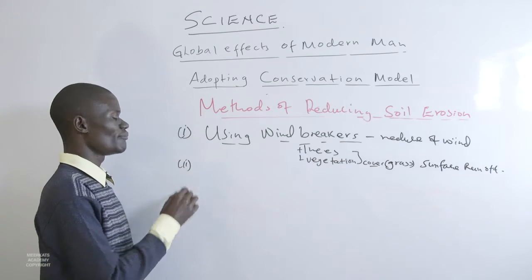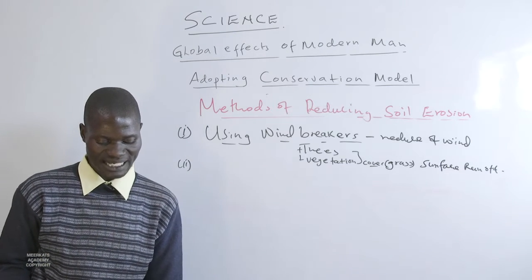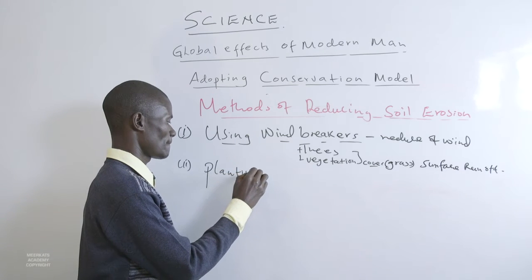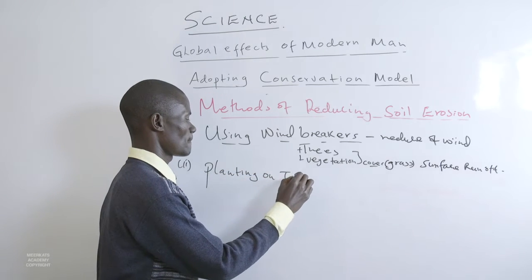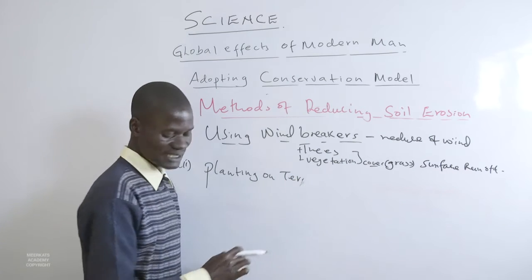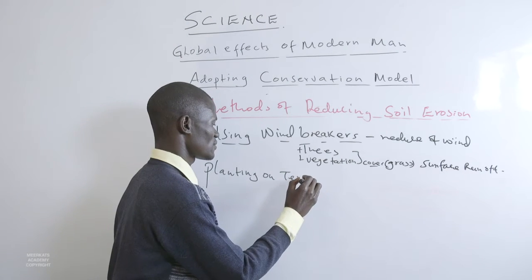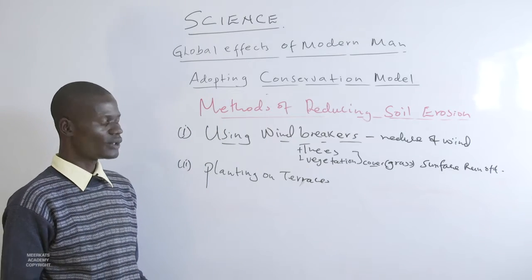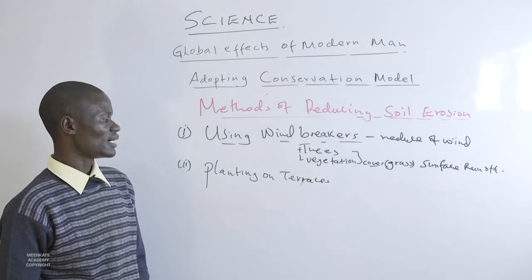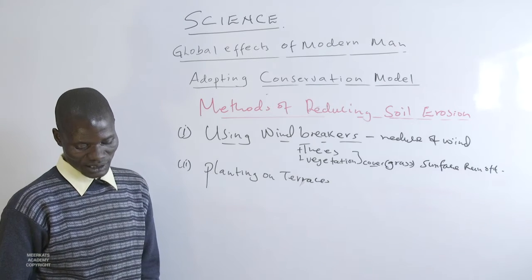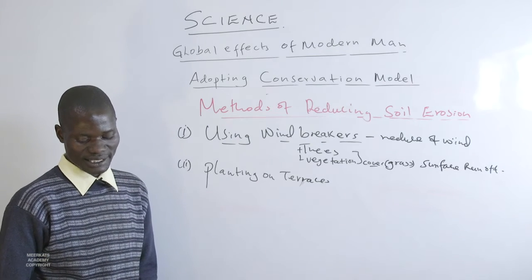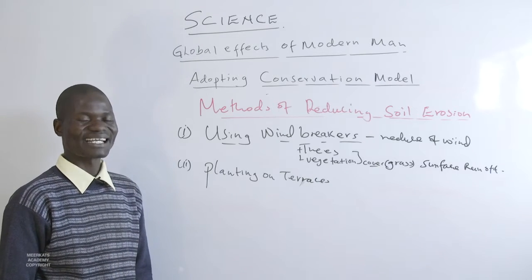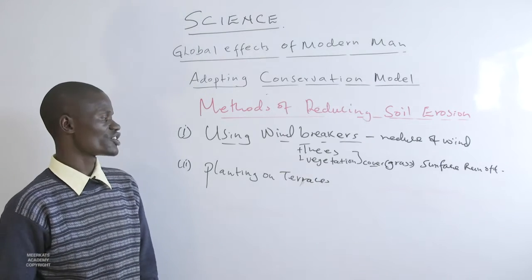Another method that we can develop is planting on terraces. When we plant on terraces and around the hill, this helps us to reduce soil erosion, which occurs massively along the slope, by creating ridges that stop the waters.